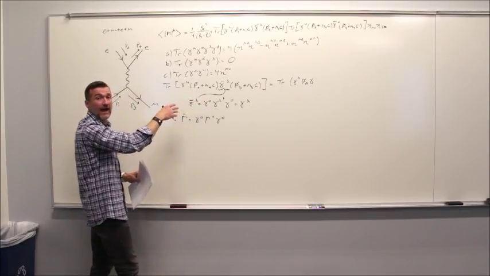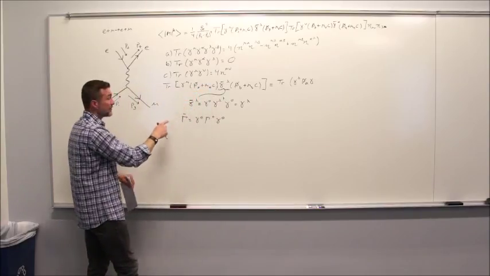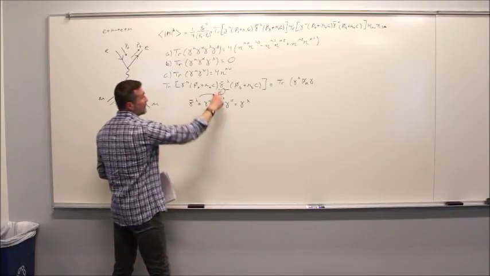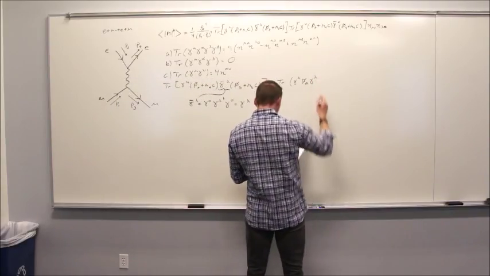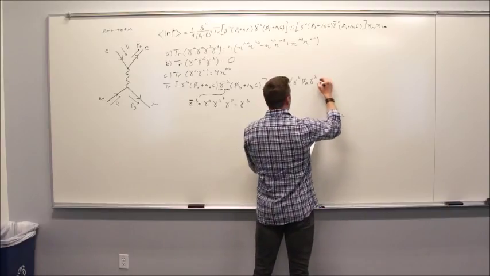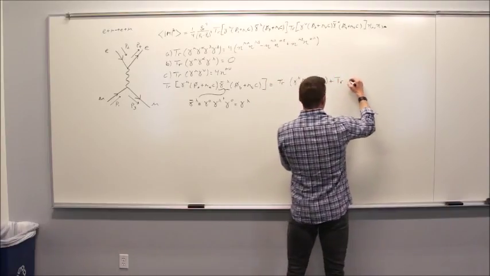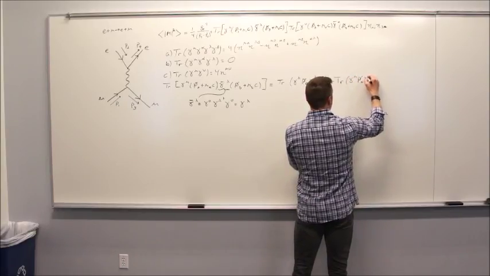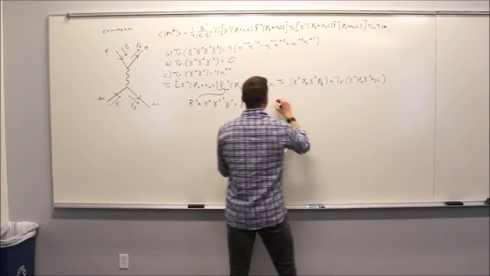Sometimes you might have a propagator sitting in one of these expressions, and so that's going to be part of this capital gamma. Okay, so with that in mind, everywhere I see gamma bar, I can just replace it with gamma lambda, and so continuing right along. Gamma mu, p slash a, gamma lambda, m, b, c.